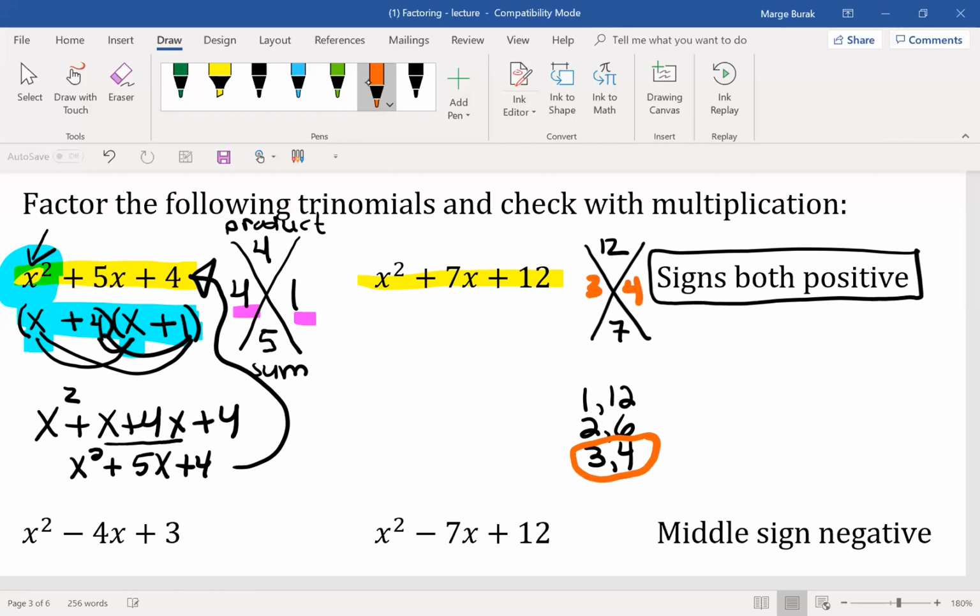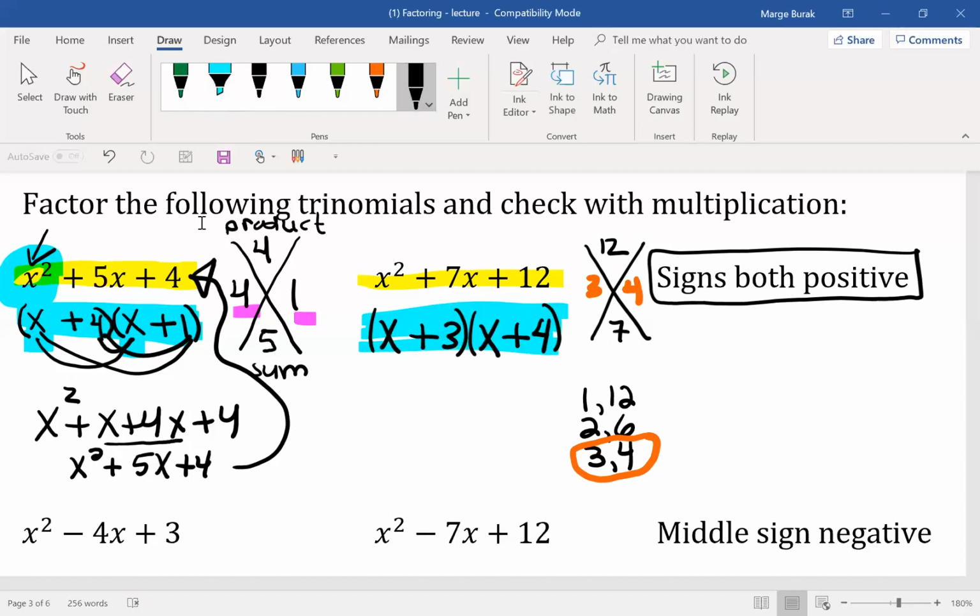So once I get those, all I have to do is put my parentheses, put my x's in front because x times x gives me my x squared. Then I take the two numbers that multiply to 12, 3 times 4, and add to 7. They're both positive. So this is my answer.